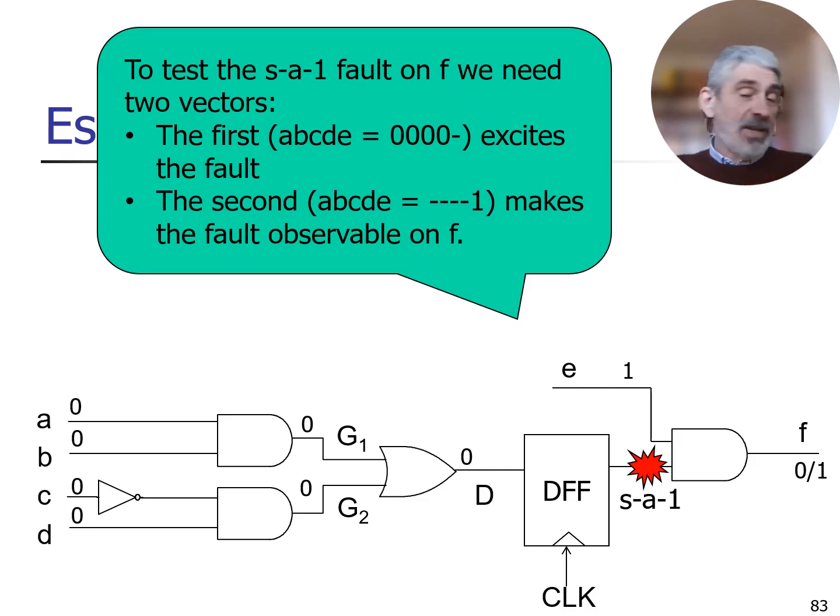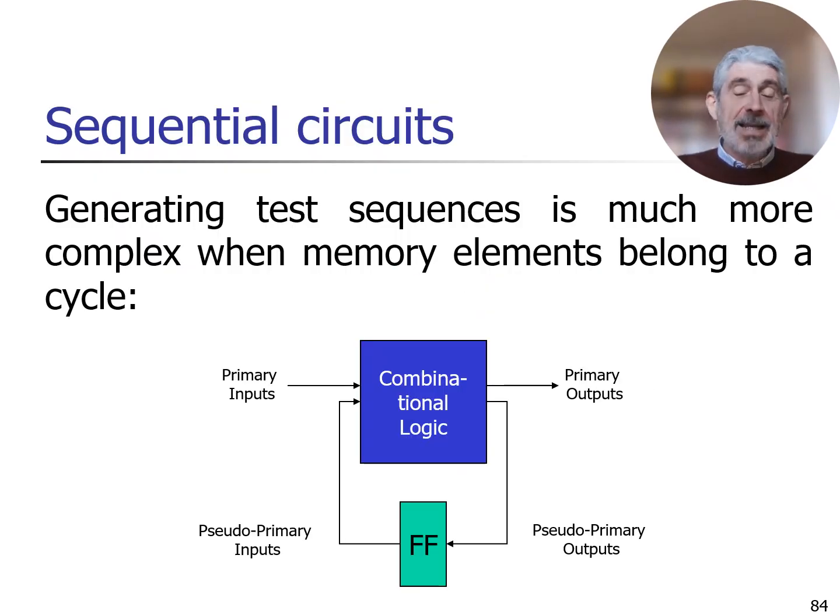Now, this is a very simple sequential circuit, and the most important characteristic of it is that there is no loop. But the real sequential circuits do follow the Huffman model, which is reported here.